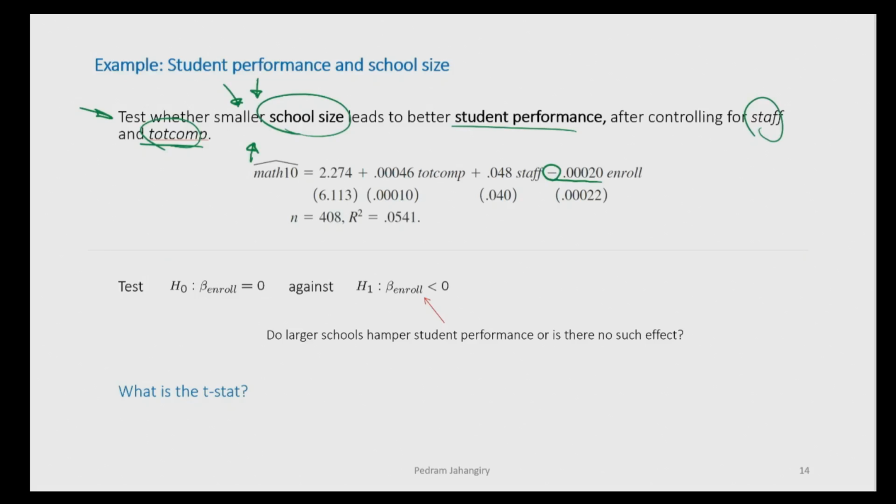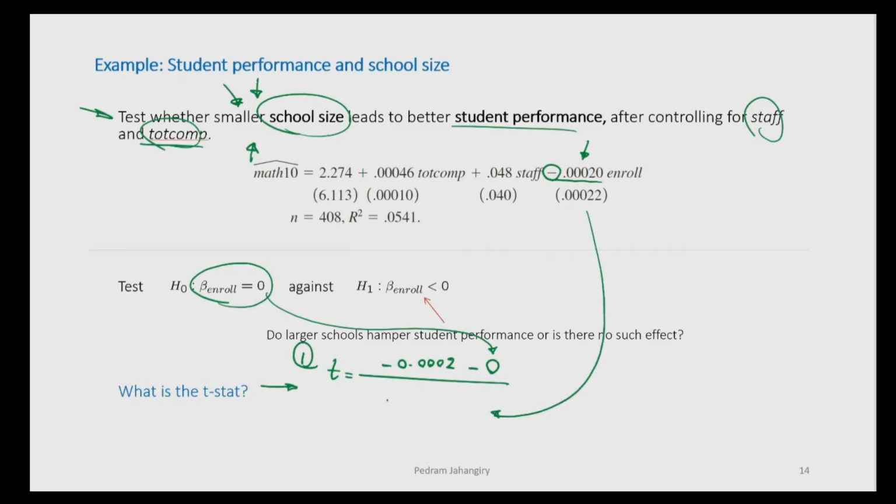So what is your t-stat? These are the steps. Step number 1, calculate the t-stat. Look at that, I have my coefficient, it's minus 0.0002, minus the population parameter under the null, which is 0, divided by the standard error, 0.00022.